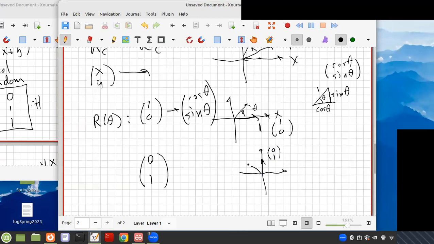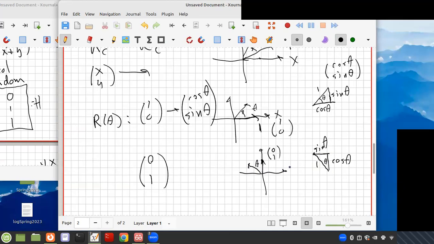So we want to rotate that by an angle theta. Well, here's the triangle where we've rotated it by theta. This is of length 1, right? So the side adjacent to the angle is going to be cosine theta, and this is going to be sine theta. So what is this point here?